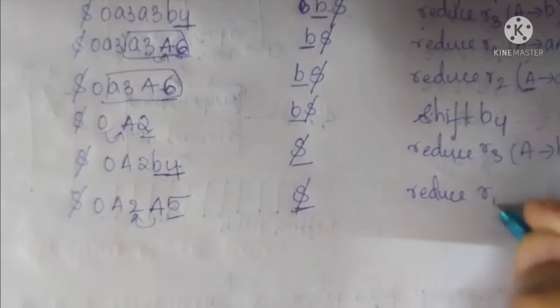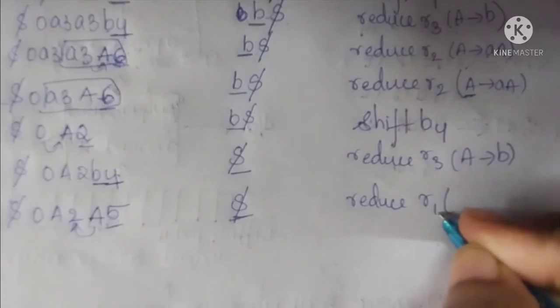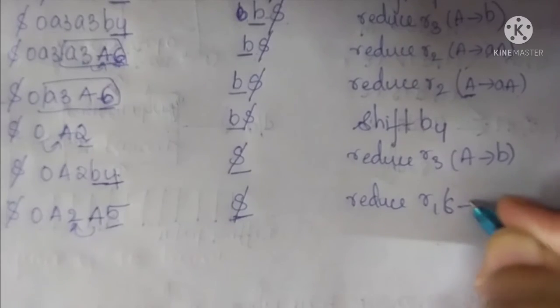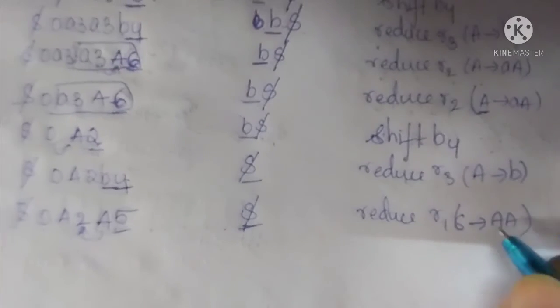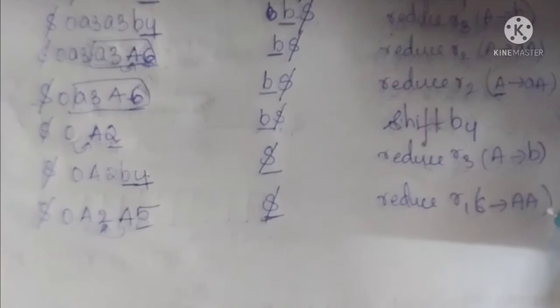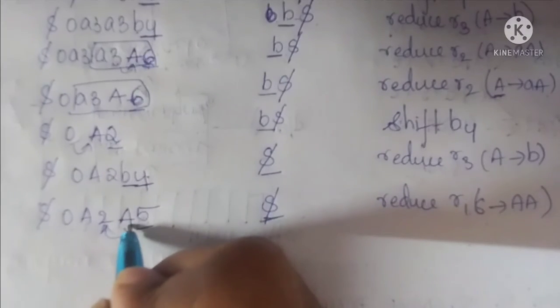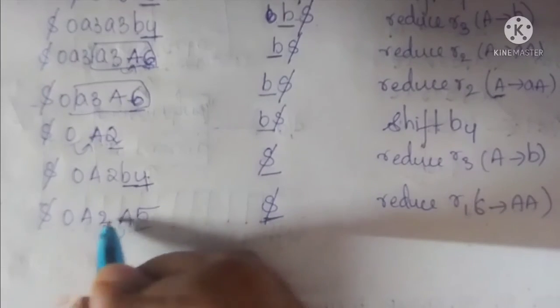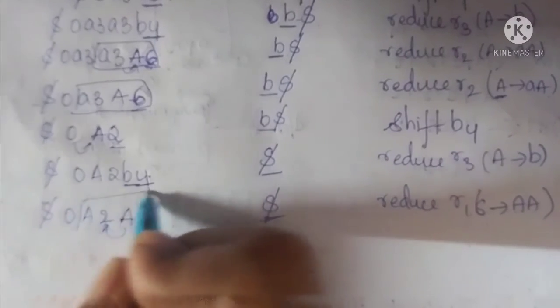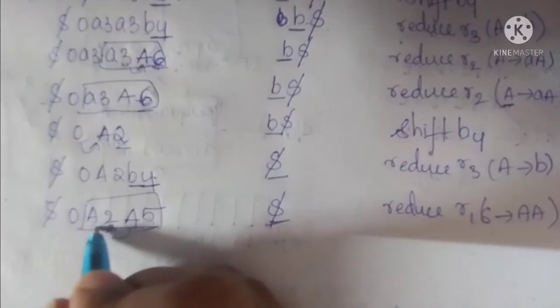So what is the production for R1? S tends to AA, means in place of AA you have to substitute the S. So here A is there, here A is there. The remaining numbers leave, nothing will be a problem.